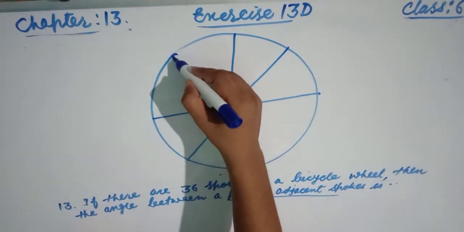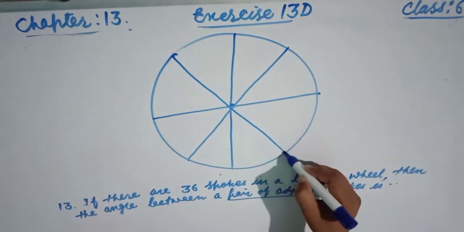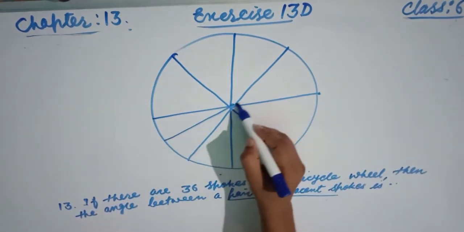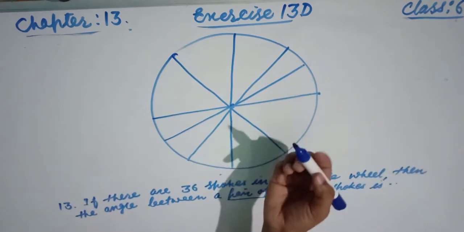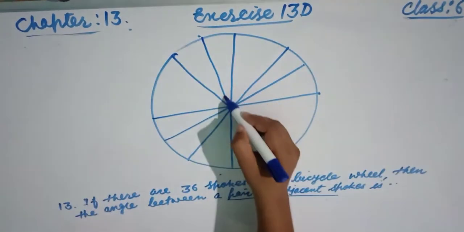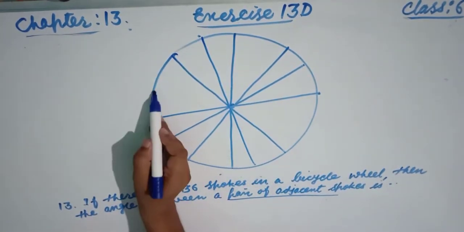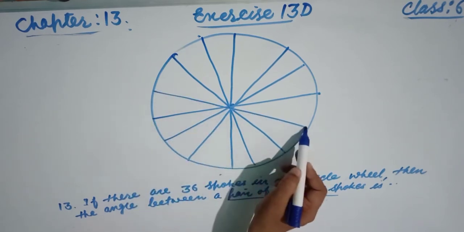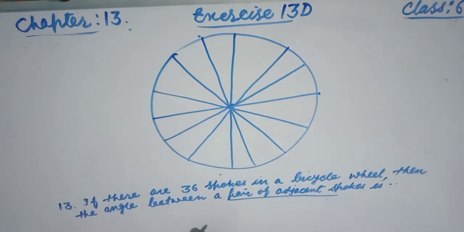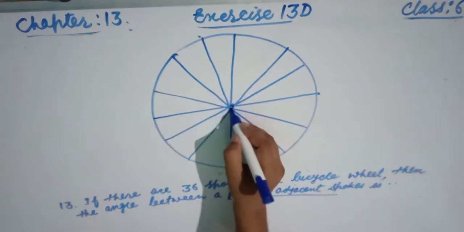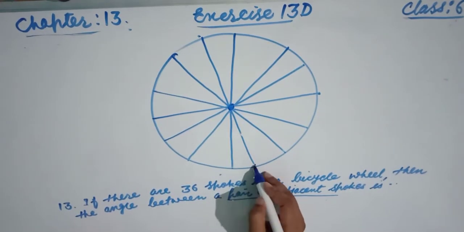Now see, friends, we are drawing the spokes. How many spokes? There are 36 spokes. Now let us count. Count from here.